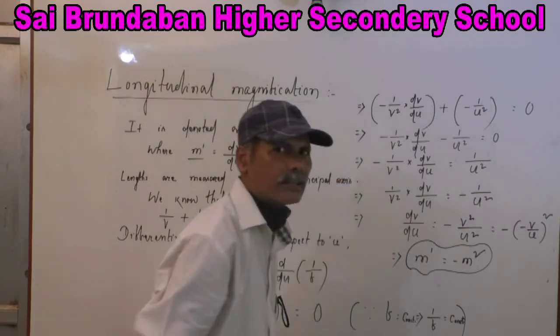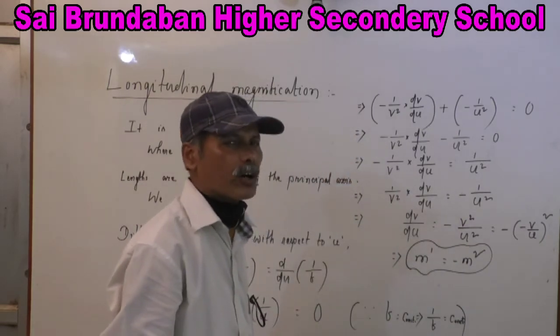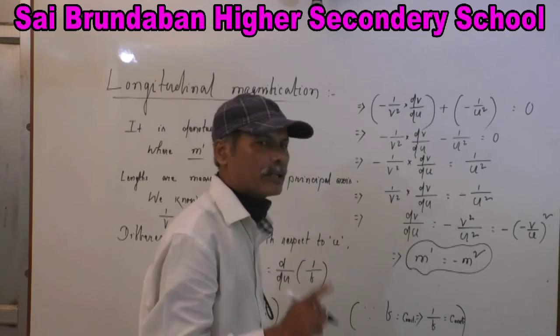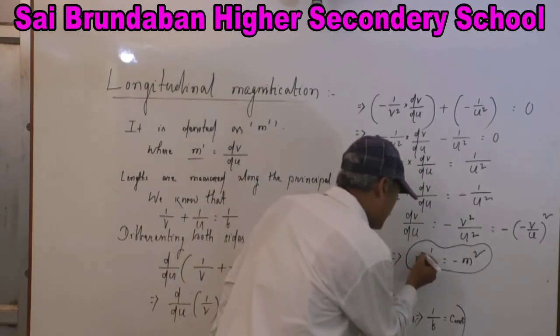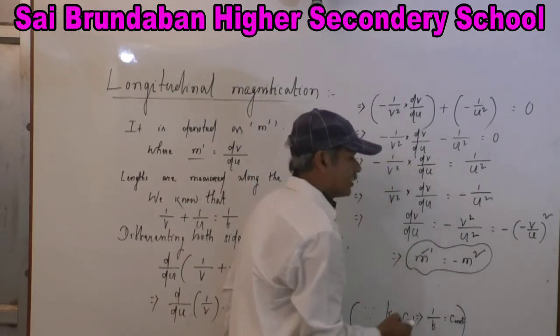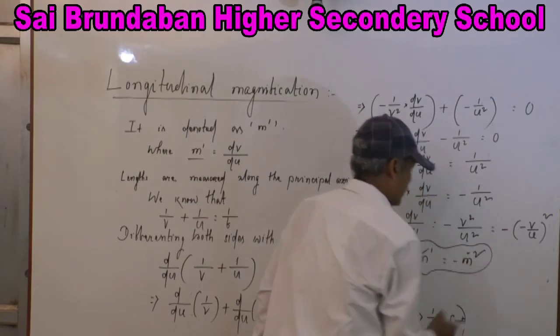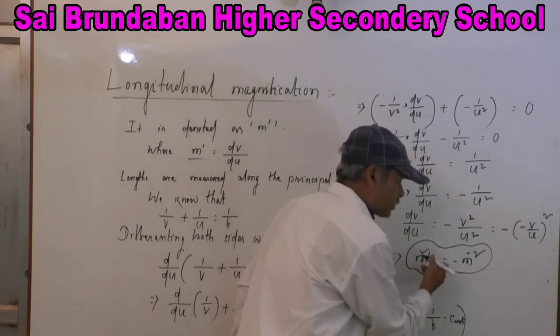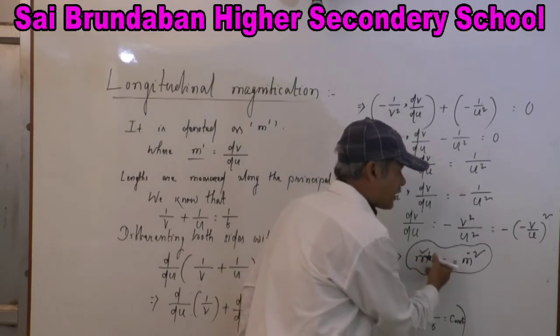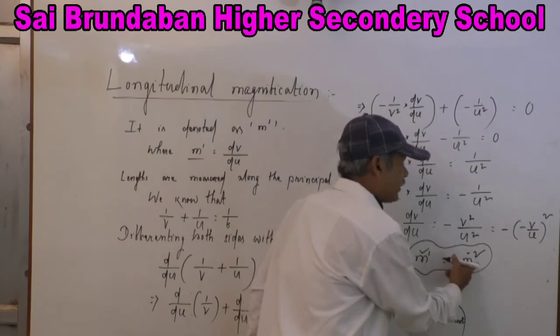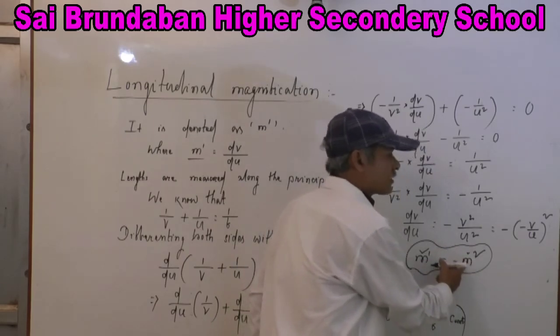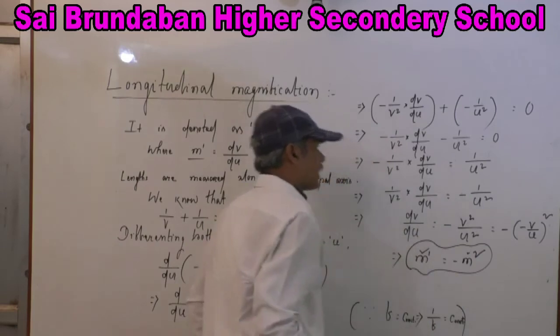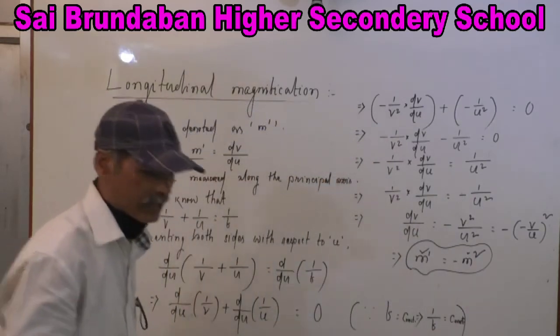This equation represents or establishes the relation between longitudinal magnification and transverse magnification. So longitudinal magnification is equal to minus the square of transverse magnification. This is all about magnification.